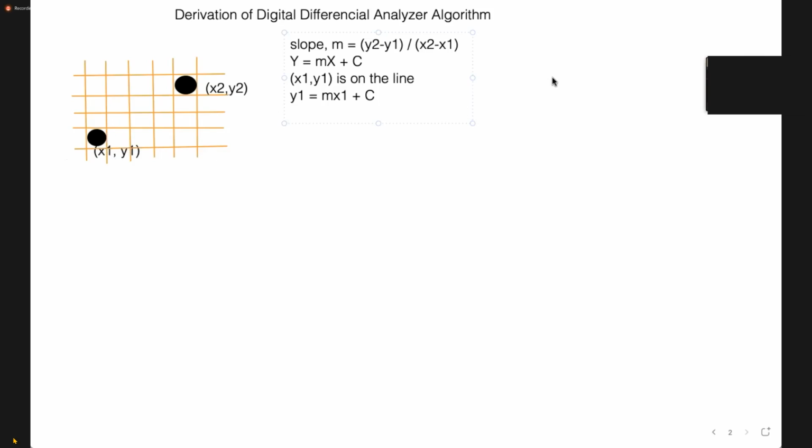Now let's see the real situation. In this direction we have x1 and then x1 plus 1. The next position is x1 plus 1.